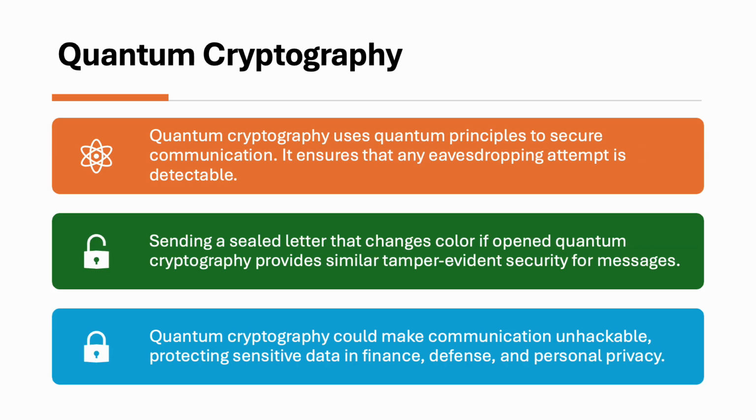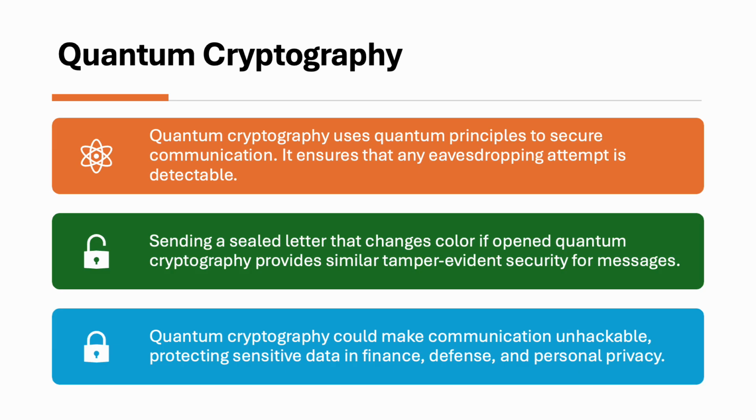Quantum cryptography. Now, this is an area which everybody is looking at very keenly. Quantum cryptography uses quantum principles to secure communication. It ensures that any eavesdropping attempt is detectable. Think of sending a sealed letter that changes color if opened.